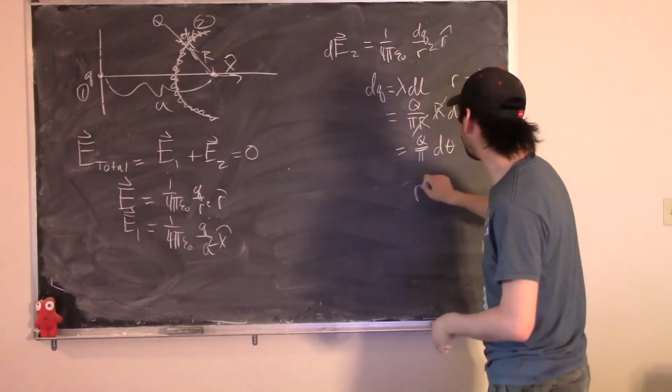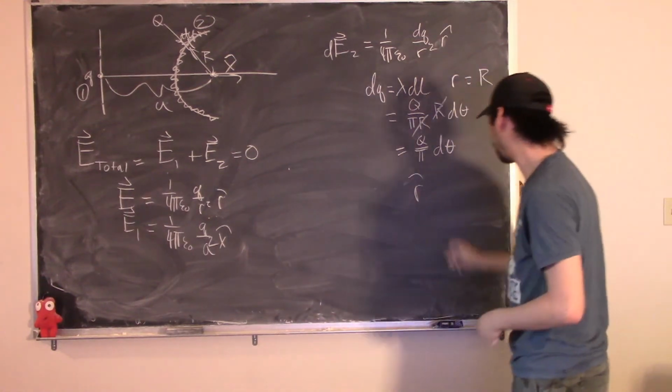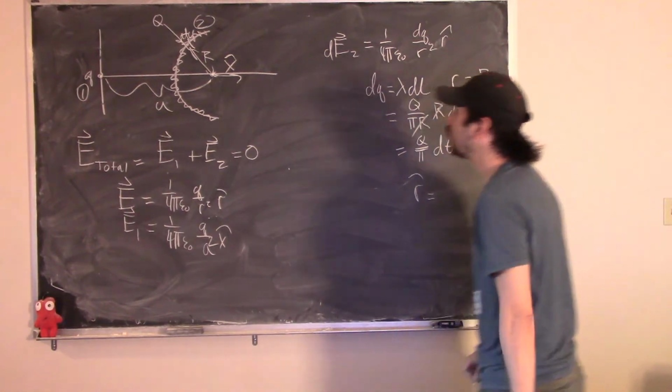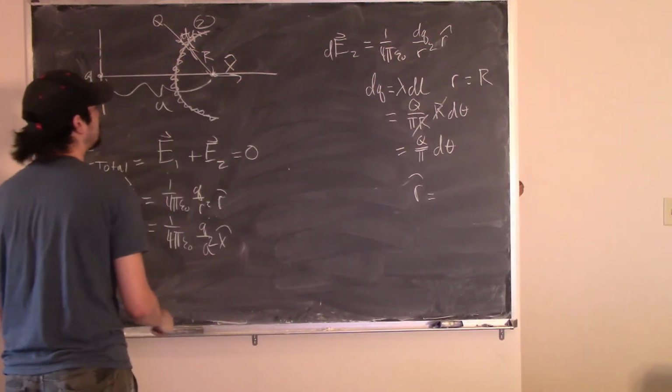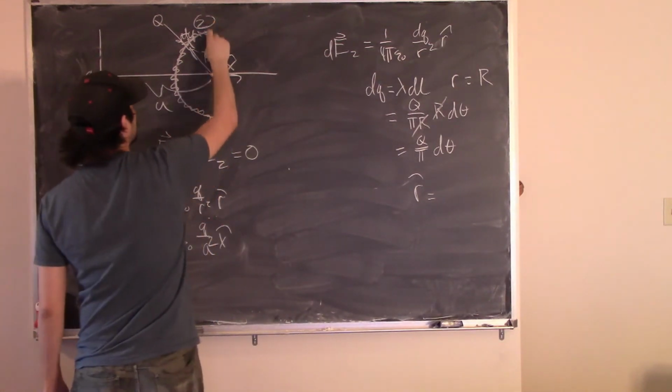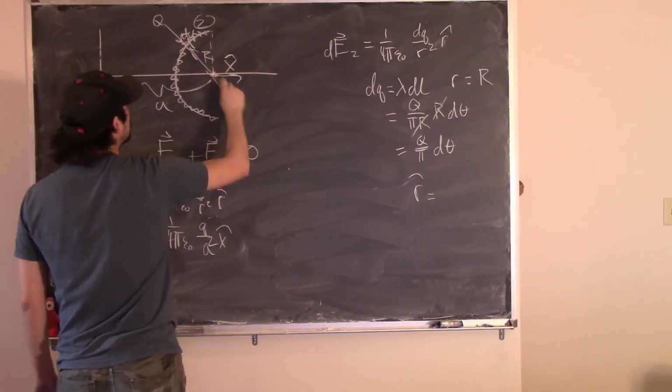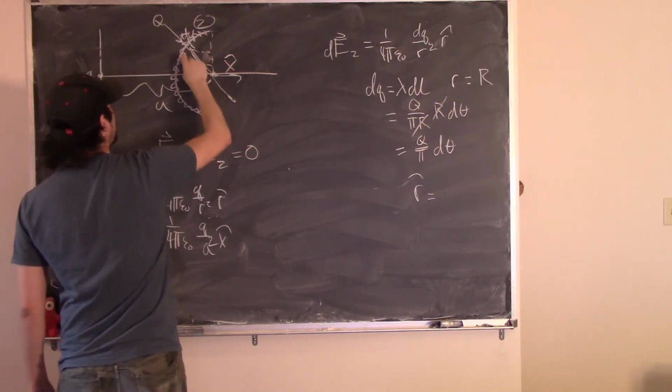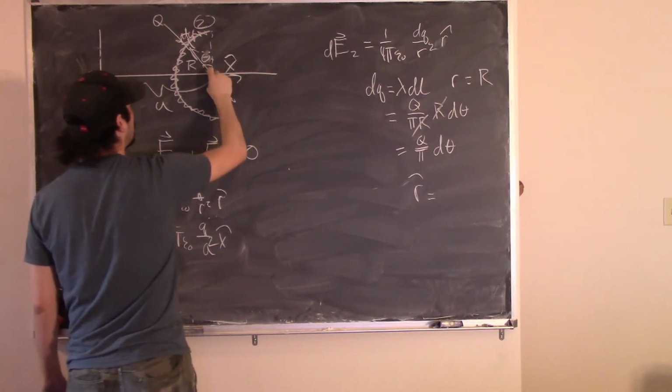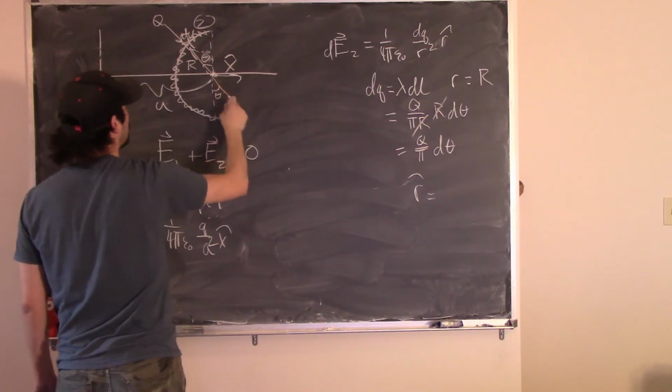And the last thing we need to do is write down what r hat is. Now I need to define some angles. So I'm going to define this to be the angle theta, which means this is the angle theta.